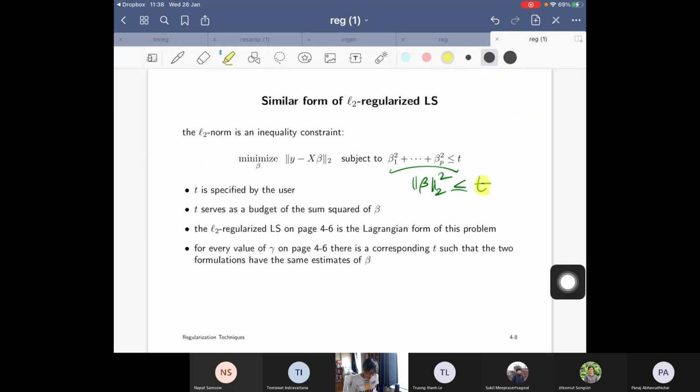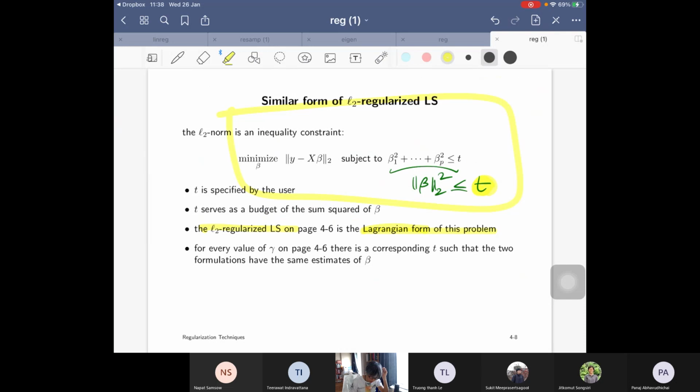And if you use this form, you have to specify the upper bound of the 2 norm of beta. You have to define this t. The previous formulation is called the Lagrangian form of this problem. So this is from the optimization point of view.